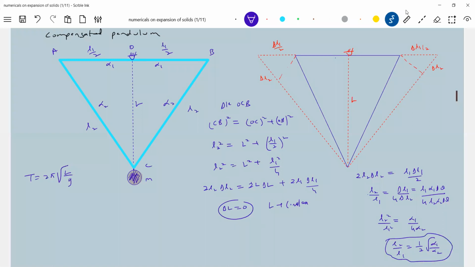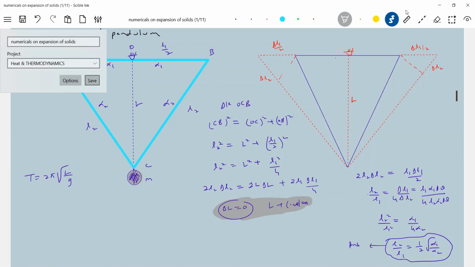This is satisfied, no? The length L will not change. Therefore the time period of the pendulum depends on capital L. There you do get plenty of conditions, not one or two. Okay, that's one example I gave, the compensated pendulum.